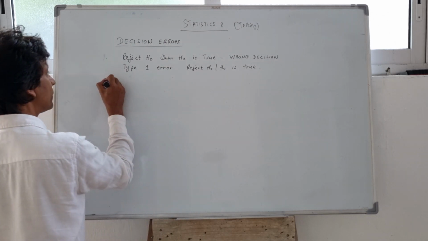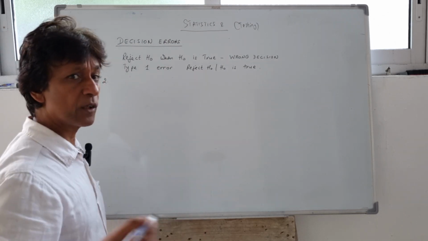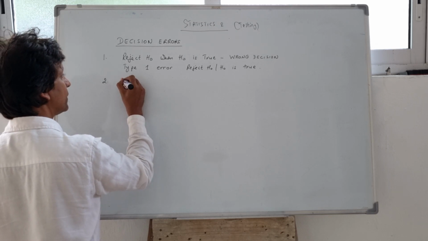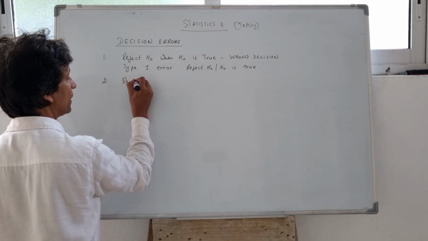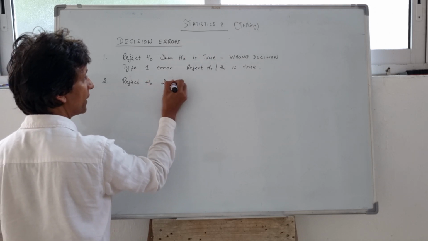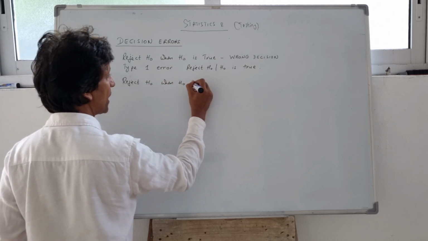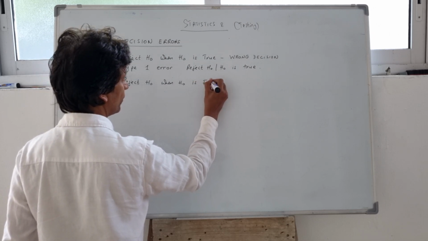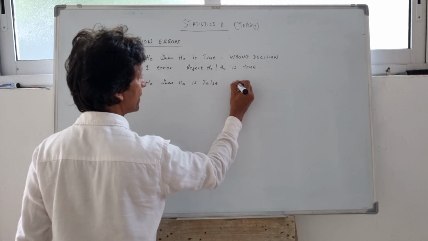The second one is you may be taking the correct decision. So you may say reject H0 when H0, the null hypothesis, is false, is not true. So now that's the correct decision.